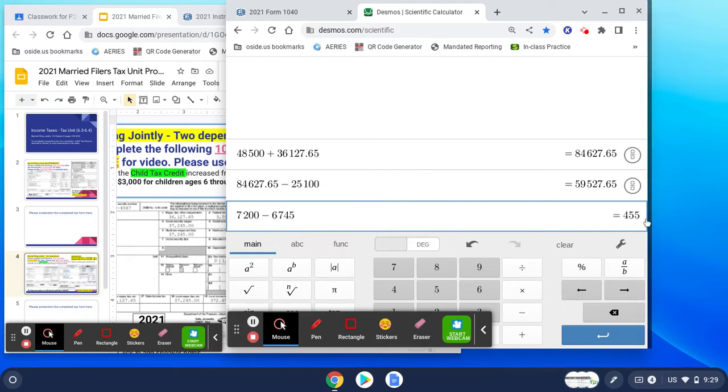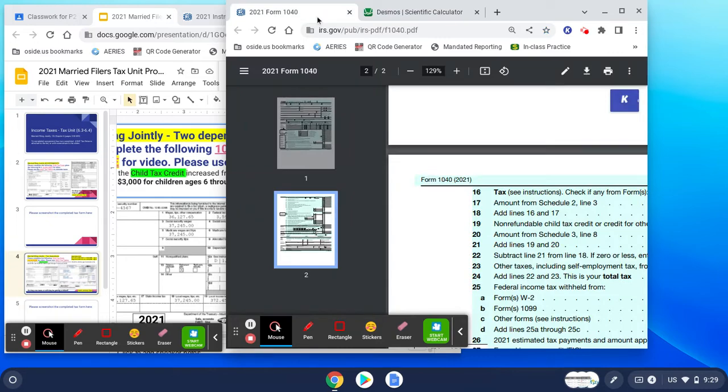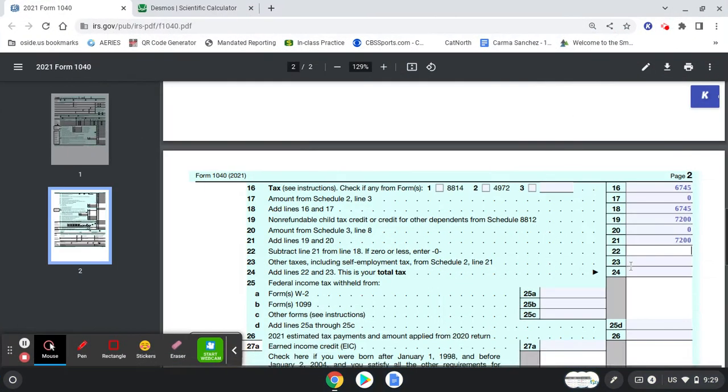And so already we're 455 in the positive. Other taxes, nope. Add lines 22 and 23.